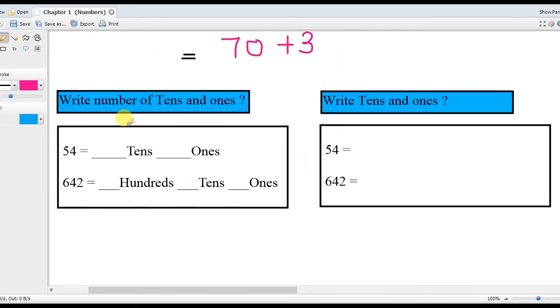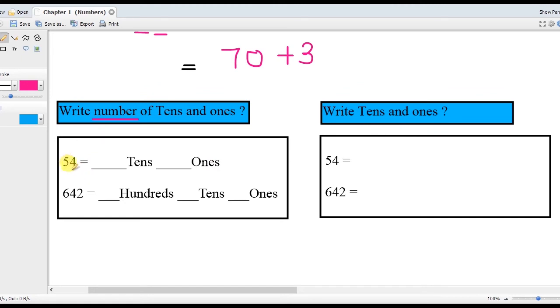Now we have to write the number of tens and ones. There is a very little difference in these question statements. In this case they asked to write the number of tens and ones, and in this case they asked to directly write tens and ones.